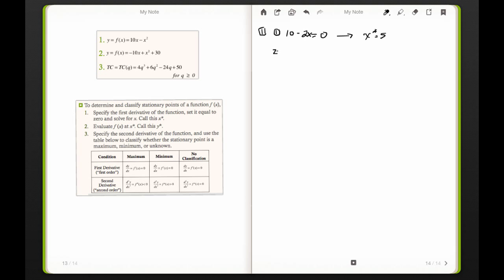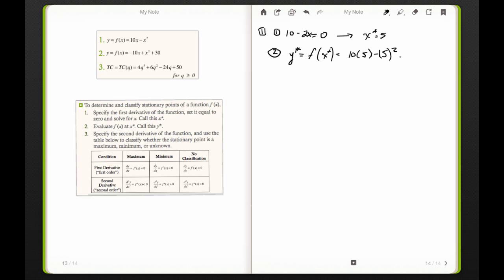And then my second step is to evaluate f of x at x star, call this y star. In other words, I just want to find the other part of the ordered pair that's related to x. So y star is just going to be the value of the function evaluated at x star. So it's just going to be 10 times 5 minus 5 squared.